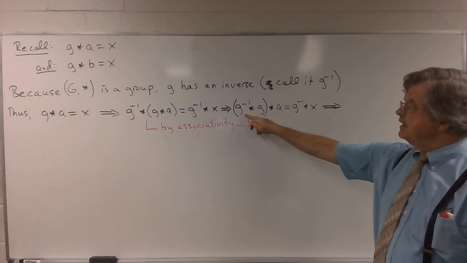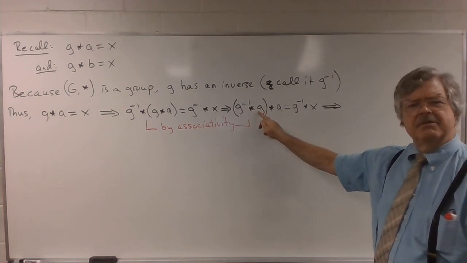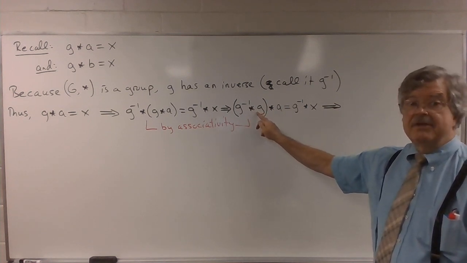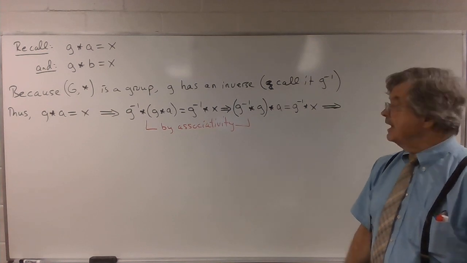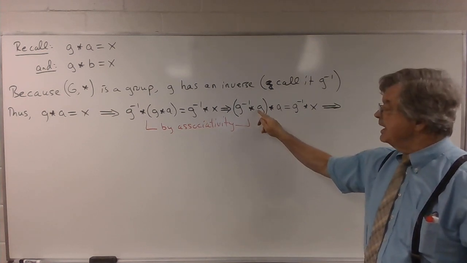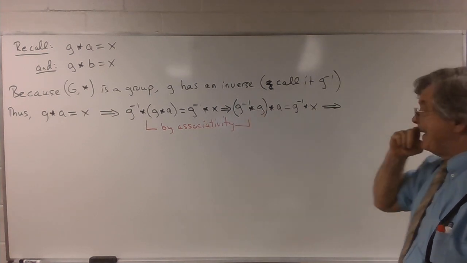But what is G inverse star G? It's got to be the identity, right? That's what happens when we multiply an element by its inverse.